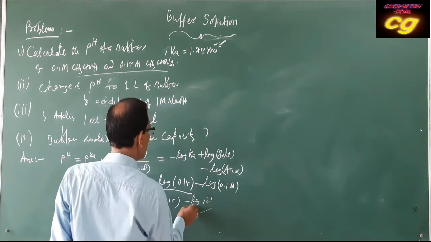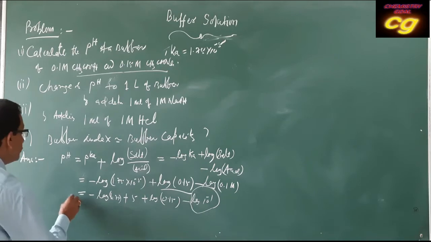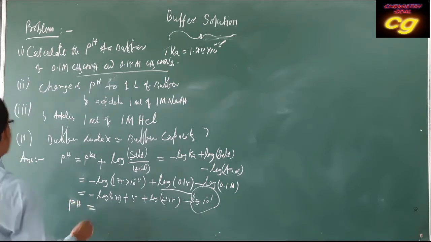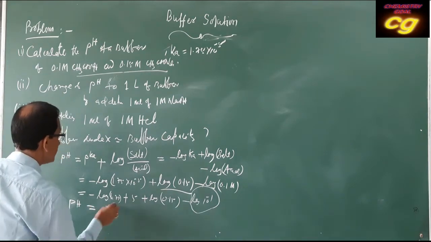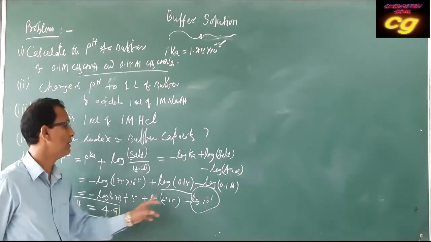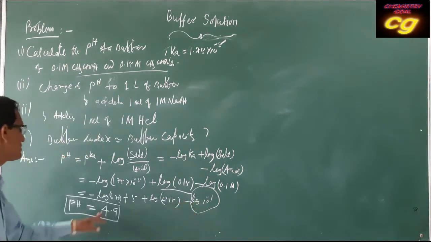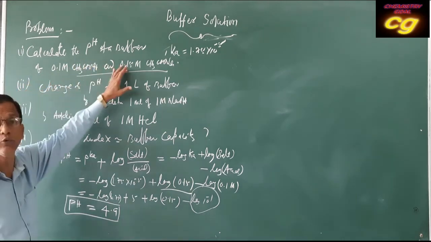This result will be 1. If you calculate this, the pH will be 4.9. Because already the 5 value is there, then it will be 1. So the result is 4.9. This is the pH value of the buffer we have taken.